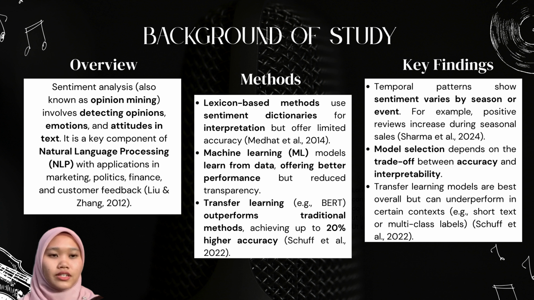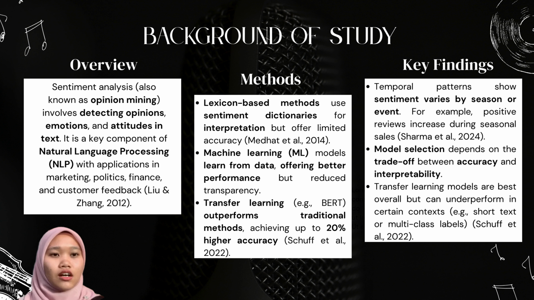As the field matured, researchers began adopting machine learning techniques. These models learn from labeled datasets and offer improved classification performance, though they can be more complex and harder to interpret. More recently, deep learning and transfer learning models have significantly advanced the field.